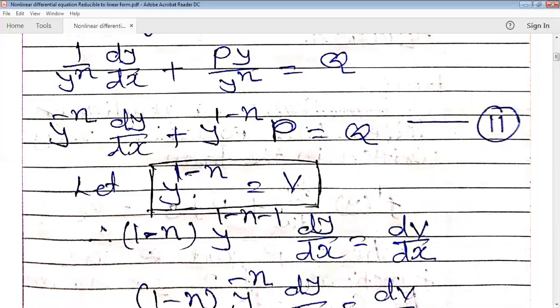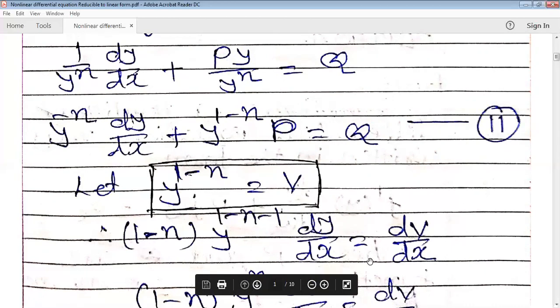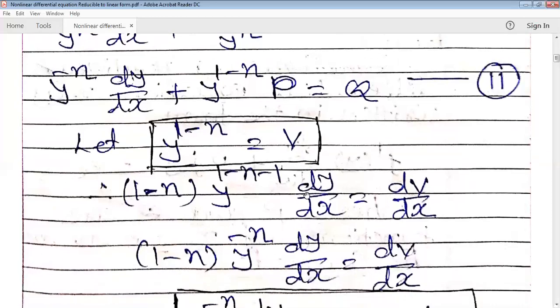So let us assume y raised to 1 minus n is equal to v. Differentiating with respect to x, we keep the power 1 minus n in front and reduce the power by 1, giving 1 minus n into y raised to 1 minus n minus 1, into, by chain rule, dy by dx, equal to the derivative of v with respect to x, dv by dx.